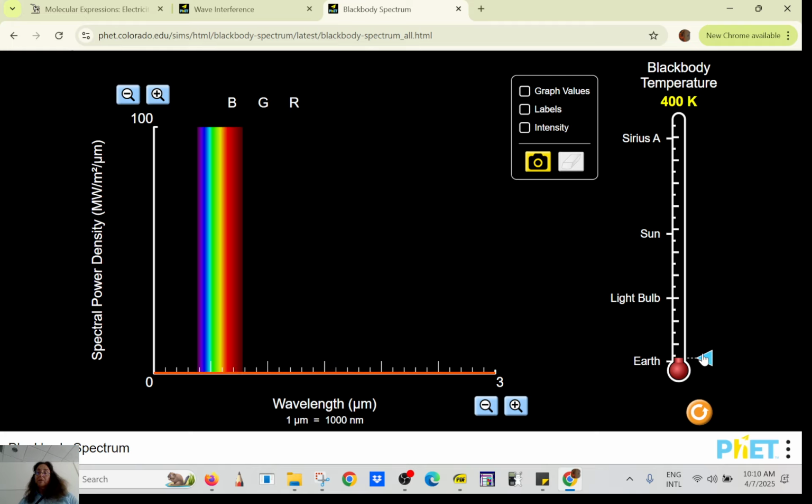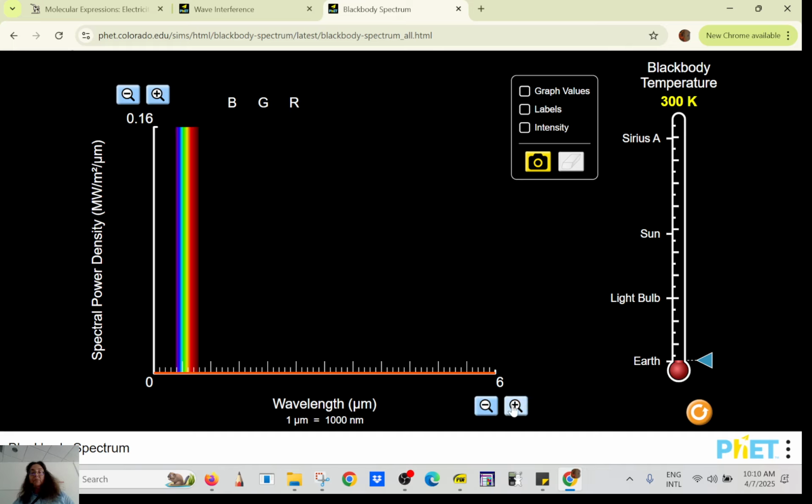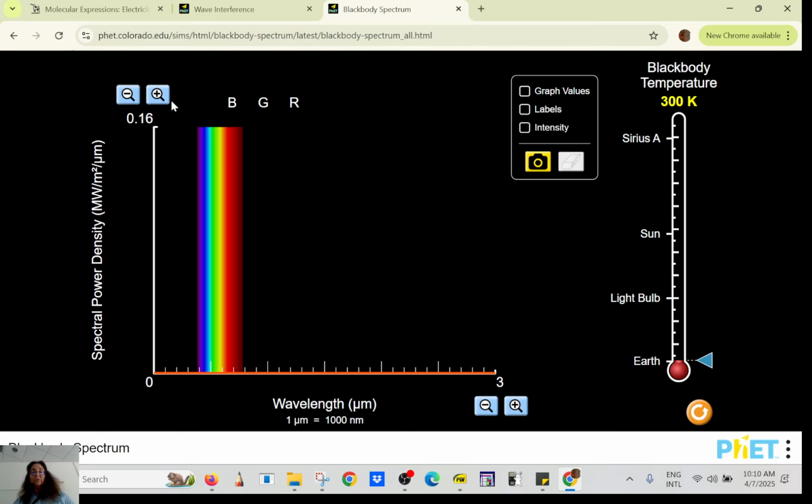Earth. If you take Earth, for example, it's also a black body. So Earth absorbs light from the sun, but it's going to emit in infrared.